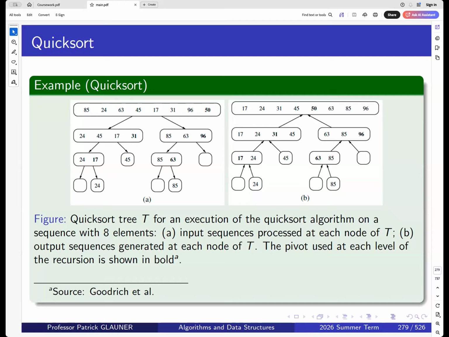So it doesn't need to be numbers, but it needs to be objects that you can somehow relate to each other or compare in terms of some criterion.